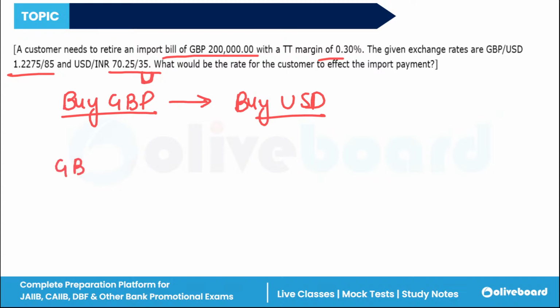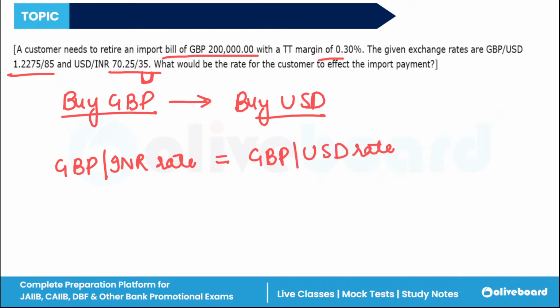So here we can calculate the British pound INR rate. Simply multiply the British pound US dollar rate by the US dollar INR rate. So here we get the British pound INR rate.